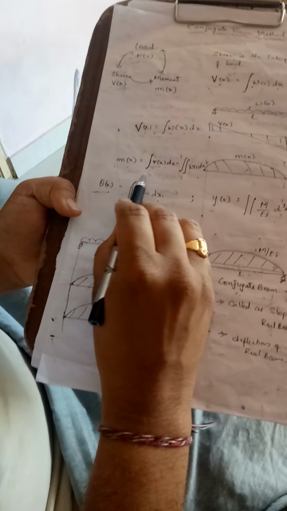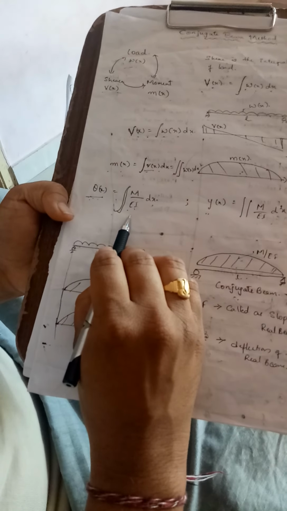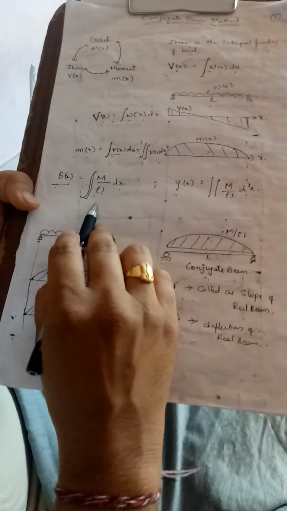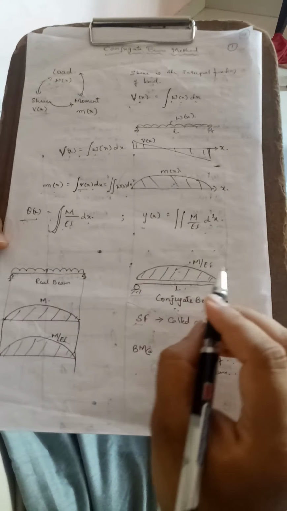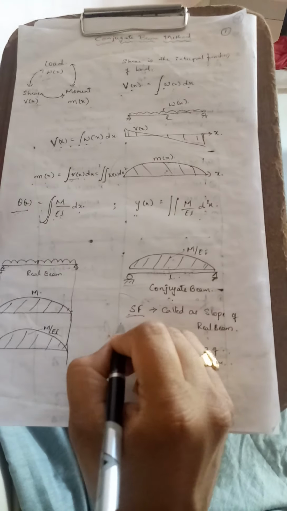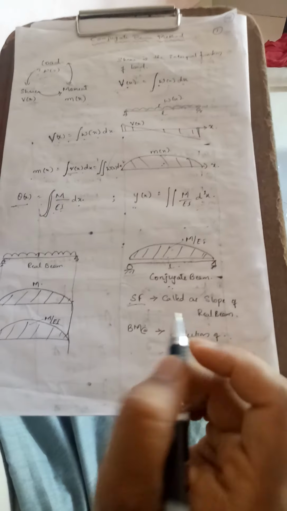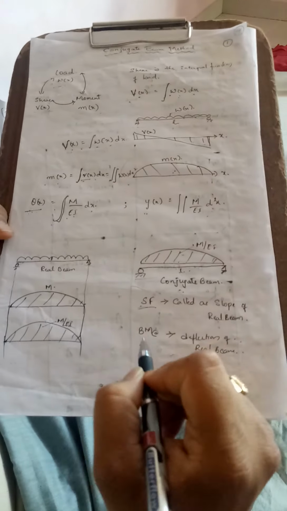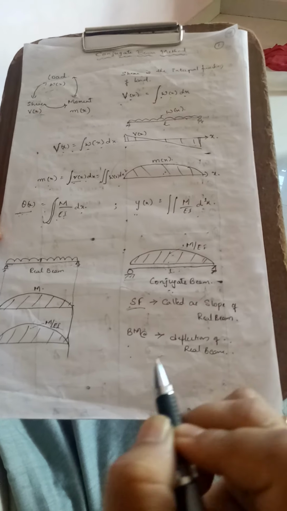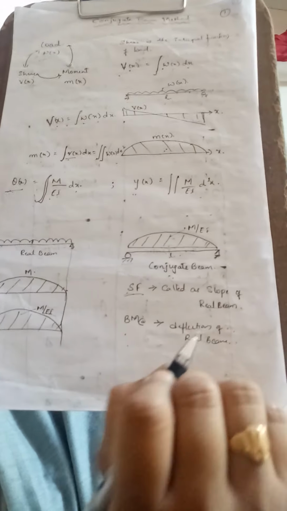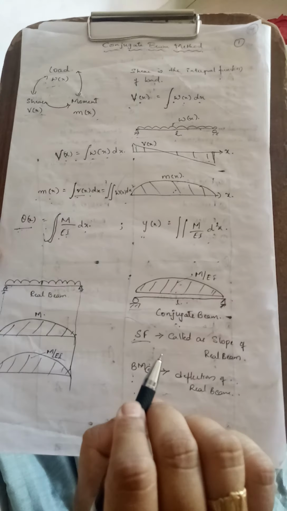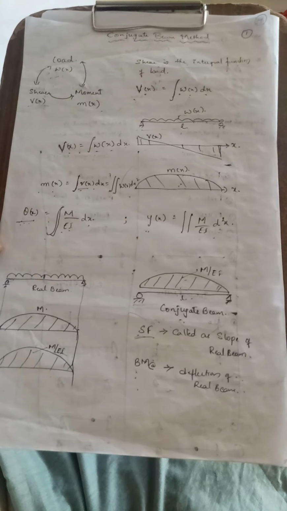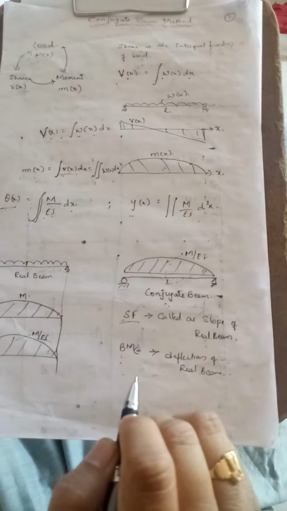Theta x is the integration of the M by EI diagram, meaning the M by EI diagram gives shear force. So in the conjugate beam we find the shear force as the slope and the bending moment at that point as the deflection of the real beam. Thank you guys.